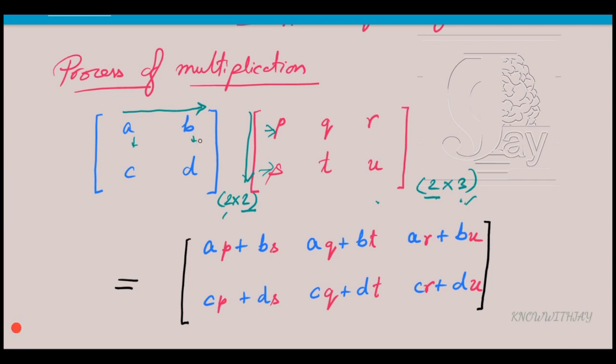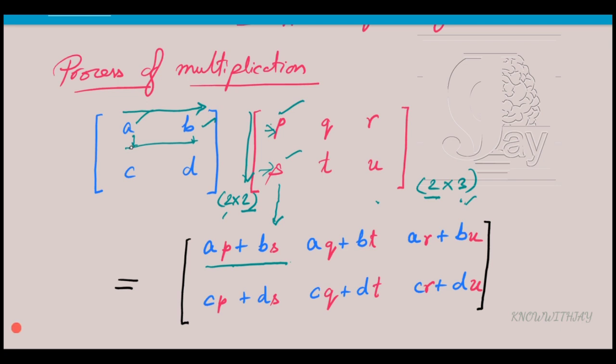If it is not equal, you will not be able to multiply. So what you are going to do is A into P plus B into S. See, the first element of the product is AP plus BS. So now we have done the first row with the first column to get the first row first column element for the product.